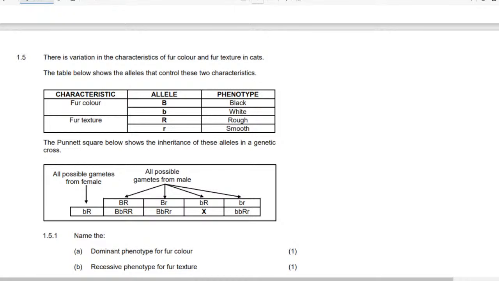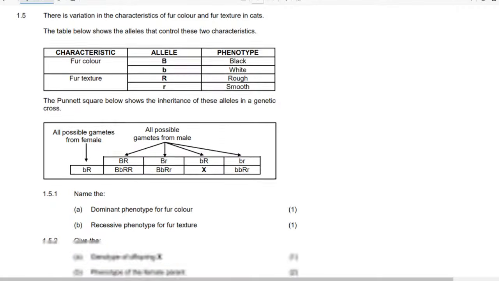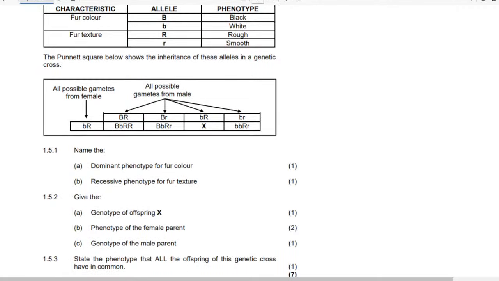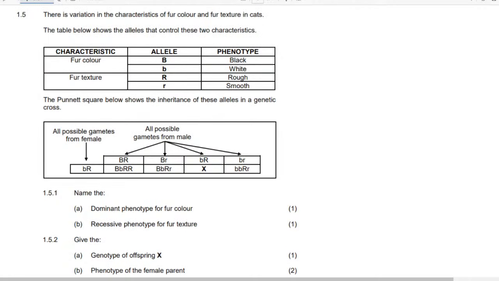What is next? They're saying that the Punnett square below shows the inheritance of alleles in the genetic cross. All right, here is the Punnett square. Name the dominant allele for fur color.